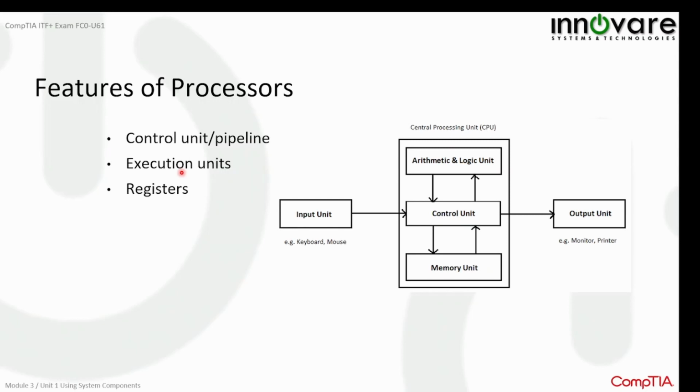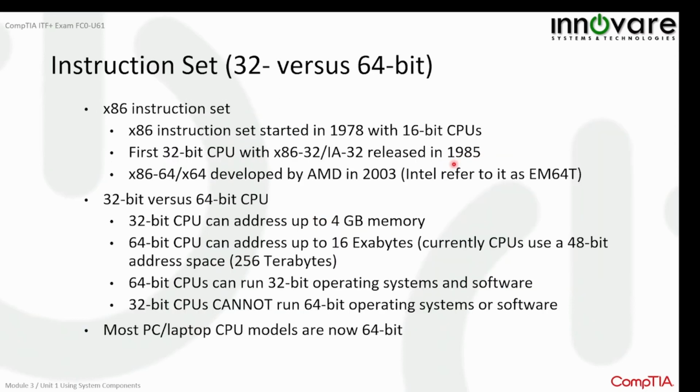It has been existing since the 8086 based machines, before 32-bit, since 1978. These are the 16-bit CPUs until the mid 80s, and then the 64-bit was developed by AMD, just for historical purposes, just to let you know.